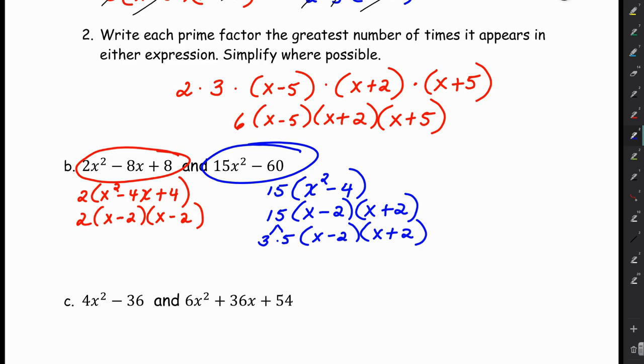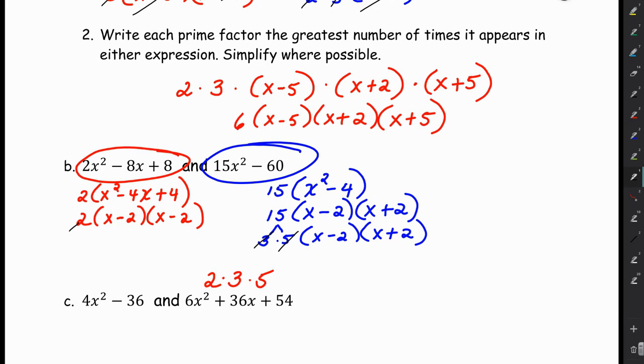All right, so we're going to look at each one and we're going to see what we need to pull out to come up with our least common multiple. So we know for sure we're going to need a 2. Cross that off. And we know we're going to need a 3 and a 5.